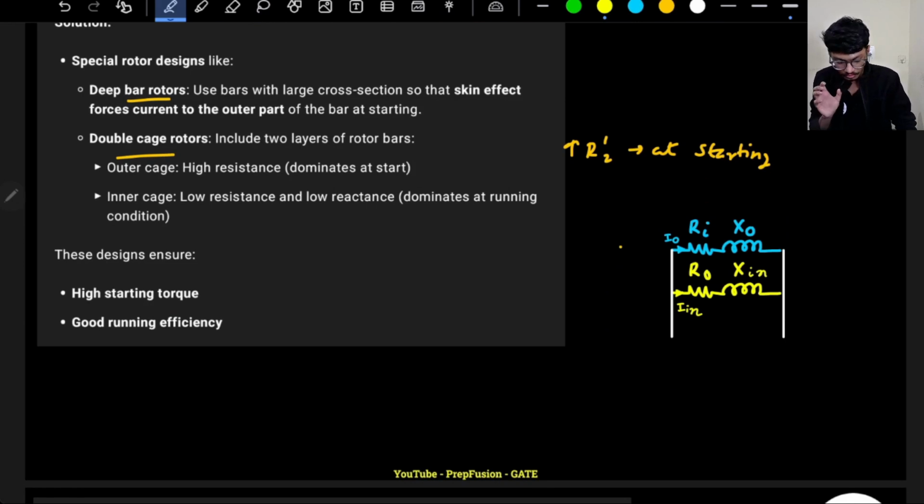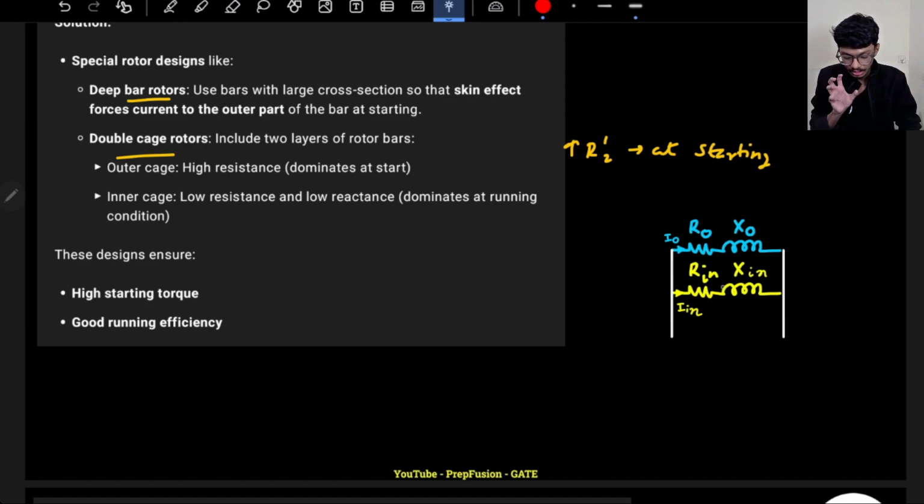Sorry, I wrote it the opposite way: an outer resistance and an inner resistance. Now the inner resistance is very low and the outer resistance is very high, but we know the outer reactance is very low due to skin effect.